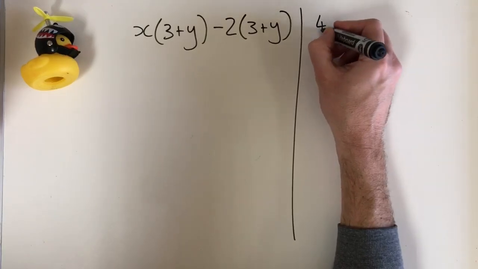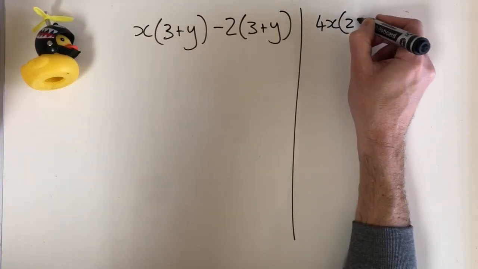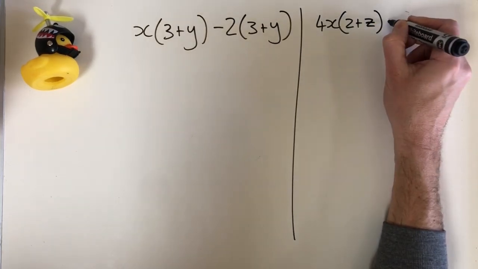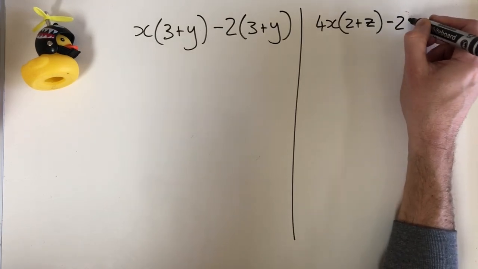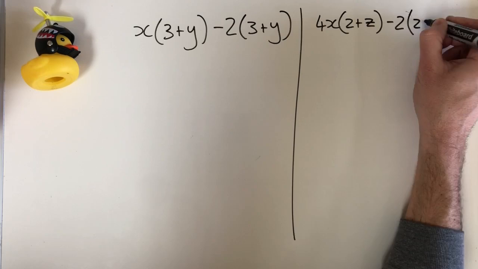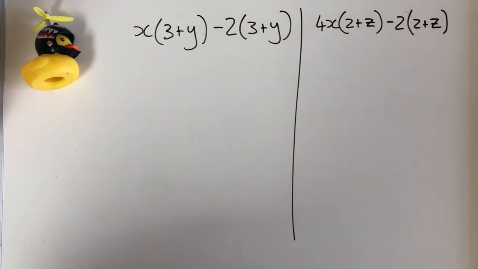Let's do 4x times 2 plus z, minus 2 times 2 plus z.